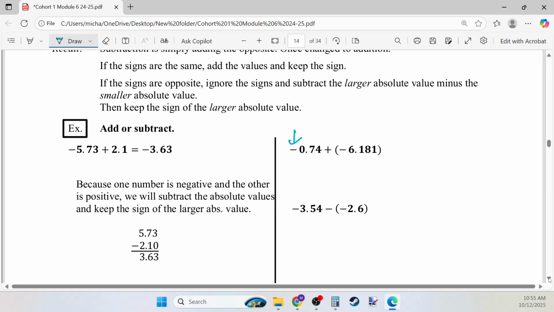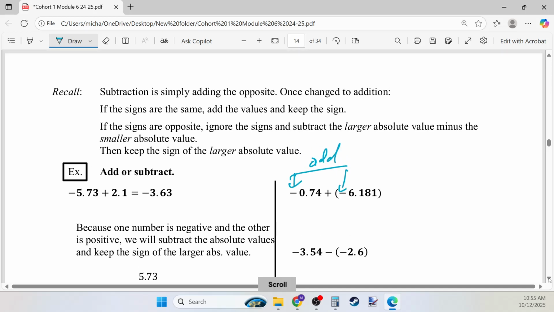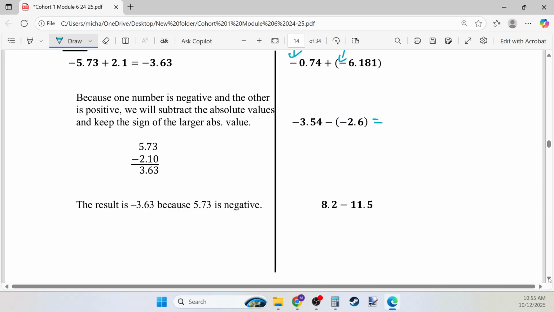When the signs are the same, you use your adding algorithm. When the signs are different, this one, we're going to use the subtracting algorithm.